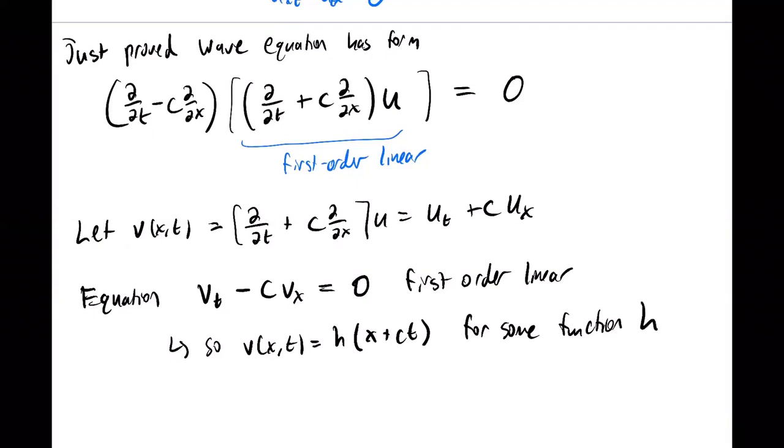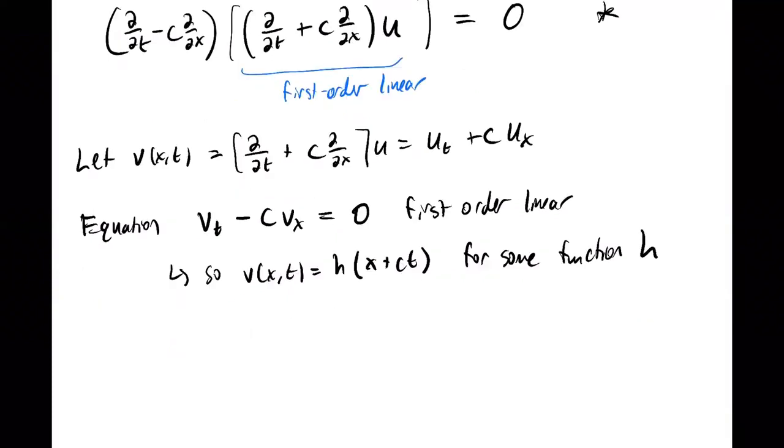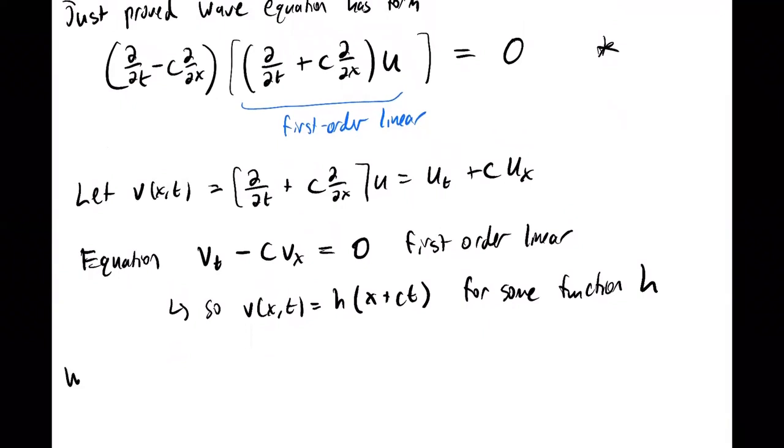And so then what happens to the wave equation above? Well, now I know what v is. v is equal to ut plus c times ux. Remember this was v, and we just saw that v has to equal some function h of x plus ct.